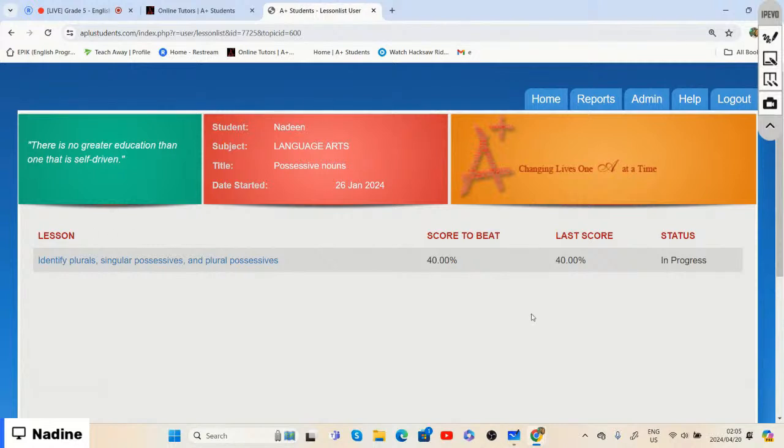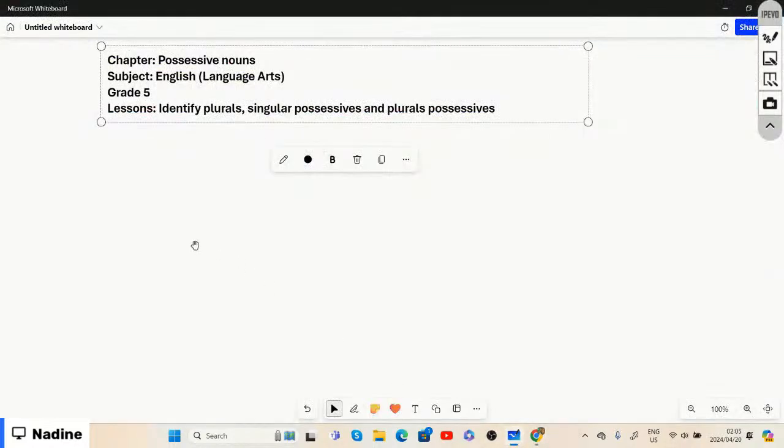All right. So our chapter is possessive nouns. Our subject is English language arts, grade 5, and the lessons that we are going to be focusing on is to identify plurals, singular possessives, as well as plural possessives.